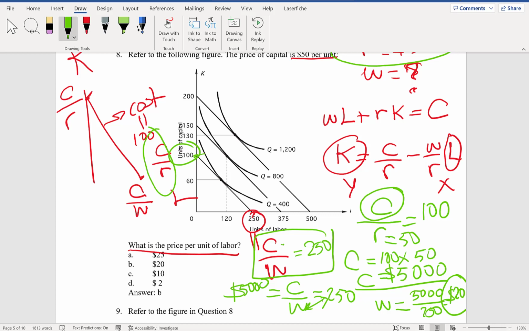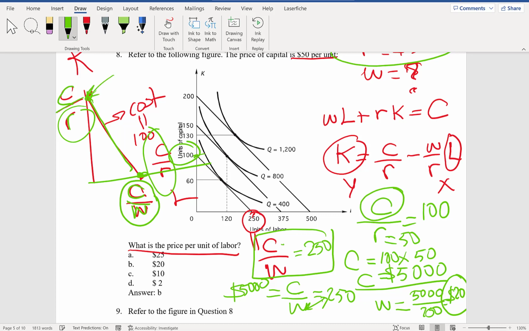So what did we do here? Number one, we used the information about the intercept formula. For the labor intercept, it's the total cost of production, whatever this line is, divided by the wage rate, and the Y-intercept is total cost divided by rental rate. I know the rental rate.